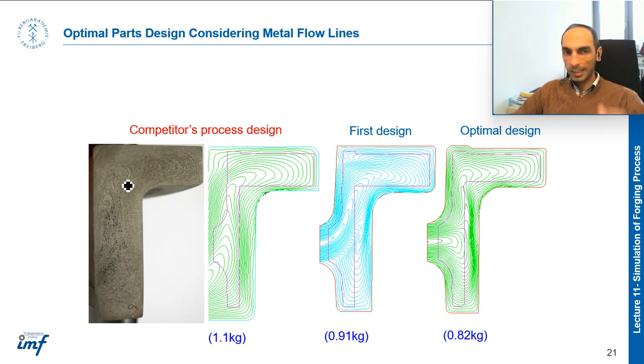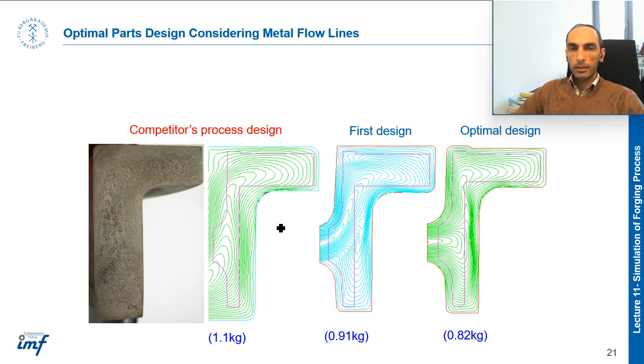This is the initial try, or the initial design, and this is the simulation of the initial design. The weight of the part after the forging is 1.1 kilogram here.